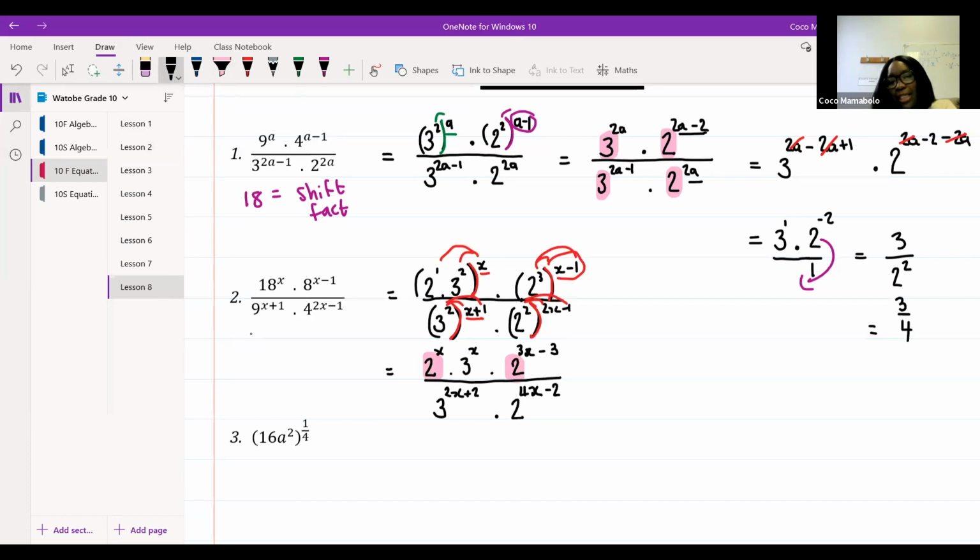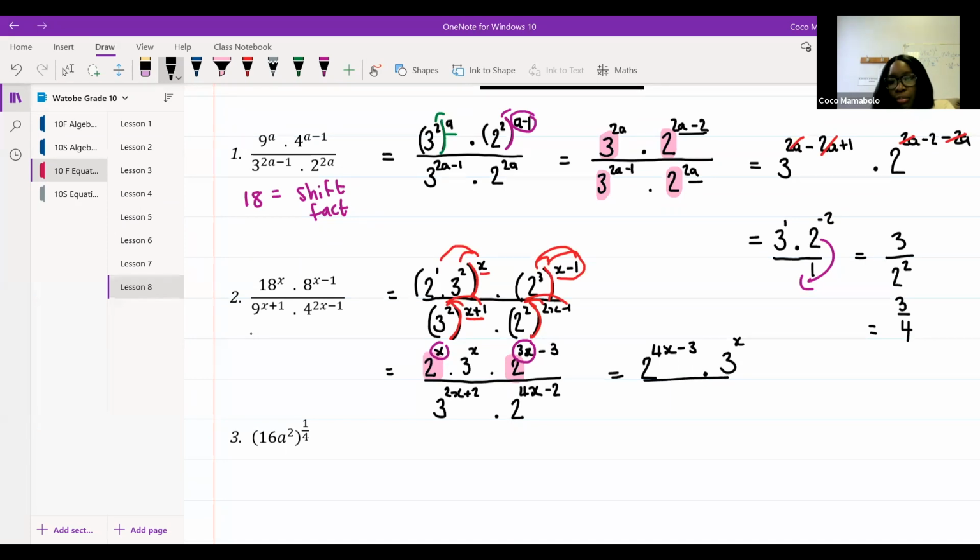Nomaza says, ma'am, is the answer 1/54? Let's see. I don't know yet. Me also, I don't know. Okay, I'm going to get 2 to the power of, I've got x plus 3x, that's going to give me 4x minus 3, multiplied by 3 to the power of x.